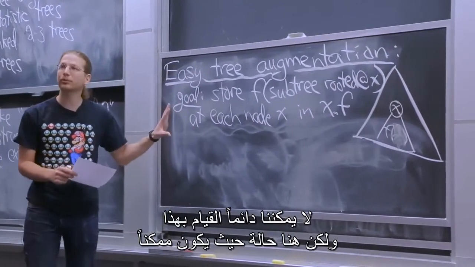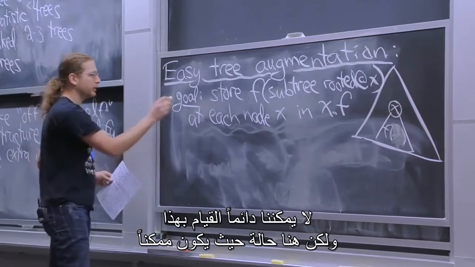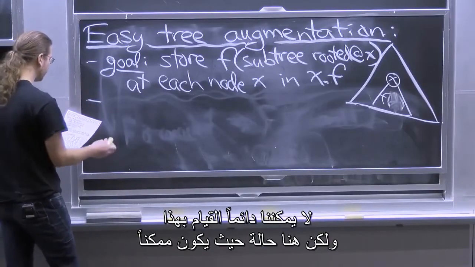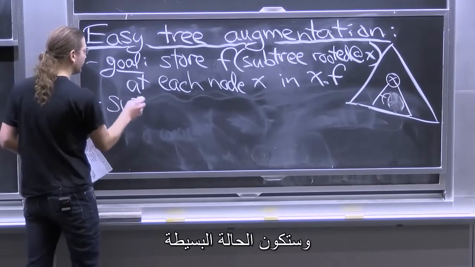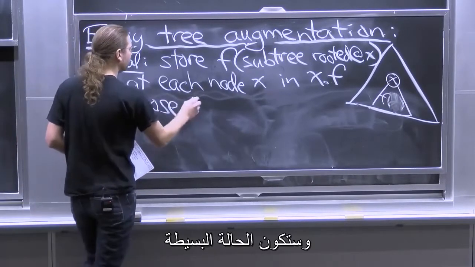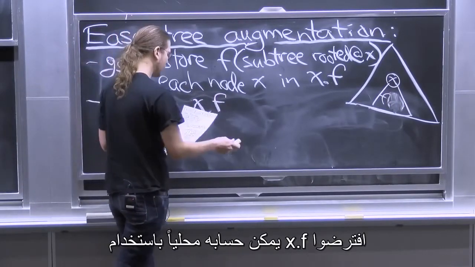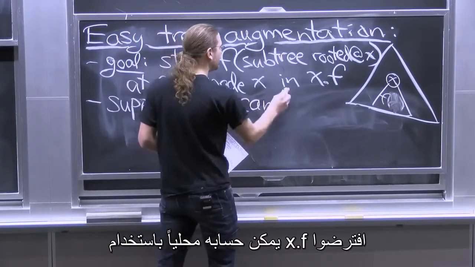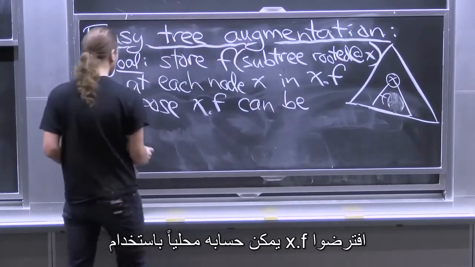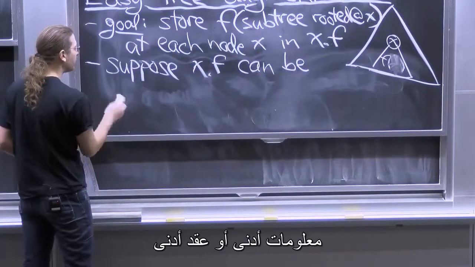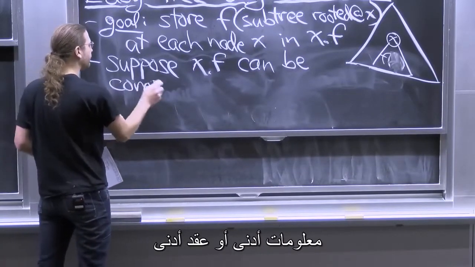This is not always possible, but here's a case where it is possible. That's going to be the easy case. Suppose x.f can be computed locally using lower information, lower nodes.